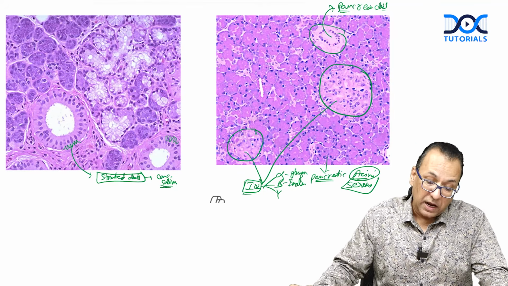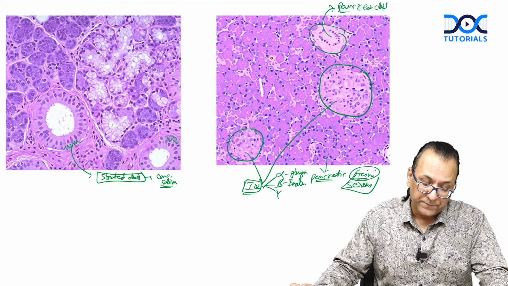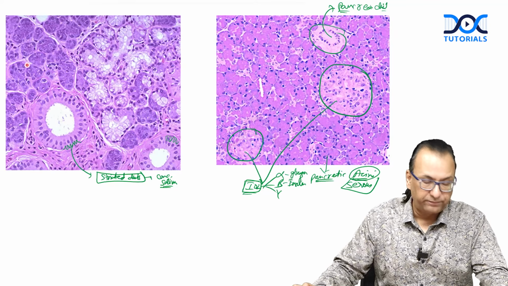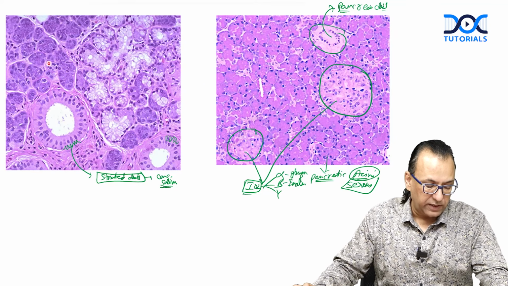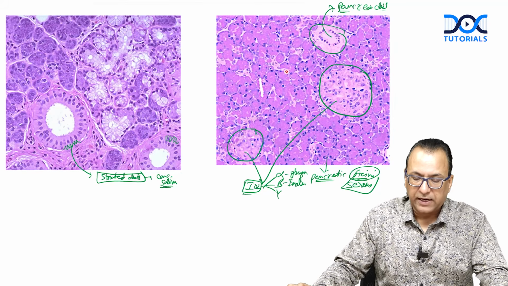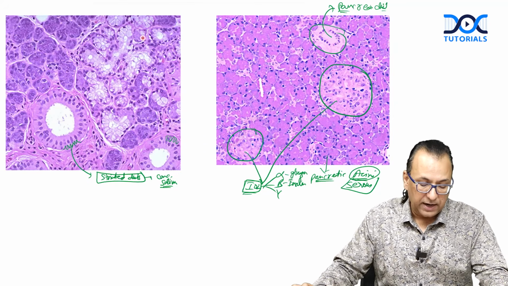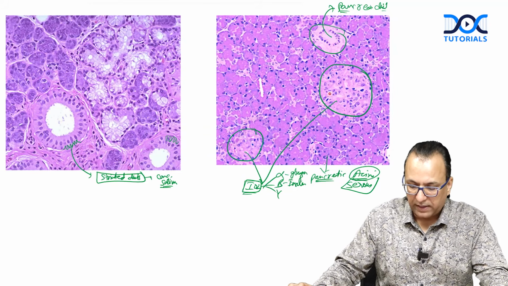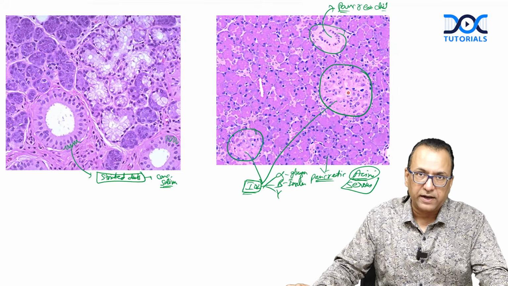Point is, how will you identify a pancreas slide from a slide of parotid? Because in the parotid slide the serous acini and pancreatic acini appear the same. I'll identify by the fact that in pancreas there will be islets of Langerhans, which are obviously missing from salivary gland, number one.